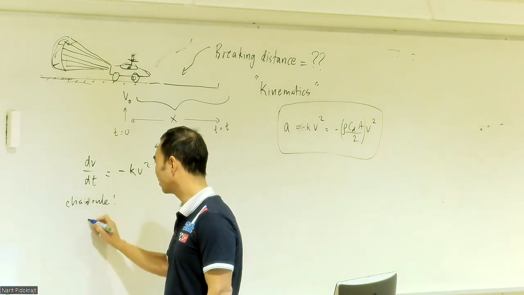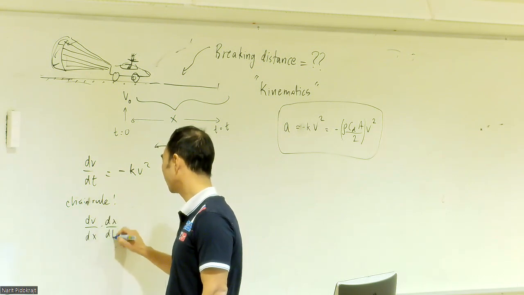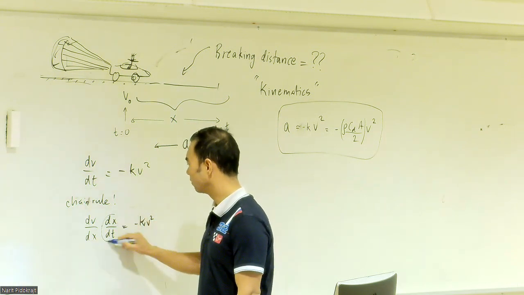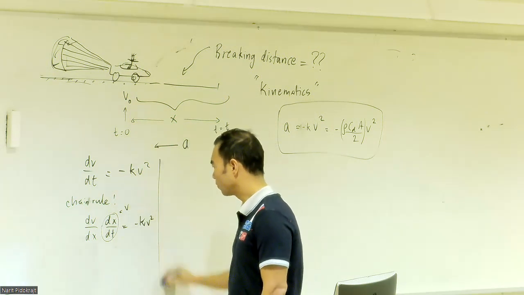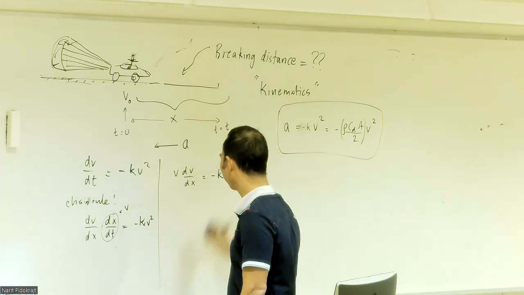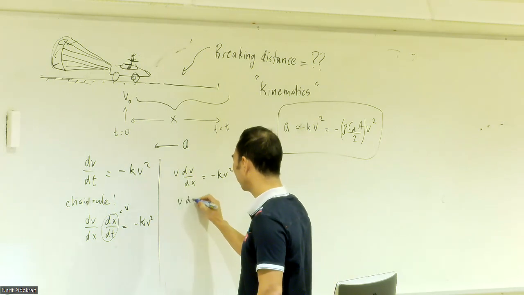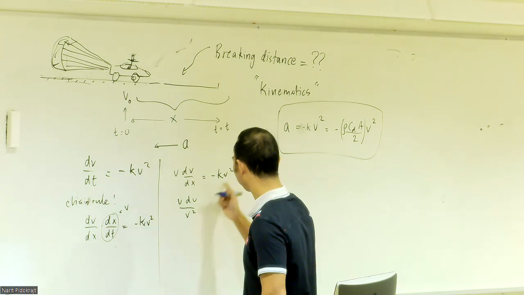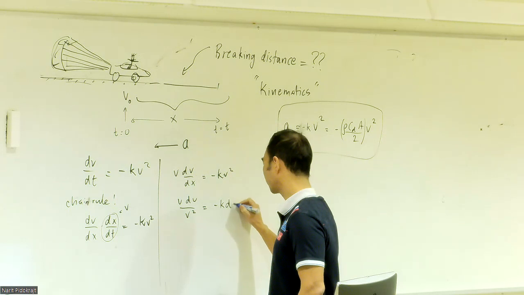That is when you rewrite dv/dt as dv/dx times dx/dt equals minus k v squared, and you can see that dx/dt is basically the speed. Then we have v dv/dx equals minus k v squared, and now you can rearrange the equation a little bit. Moving v squared to the left-hand side, you get dv over v equals minus k dx.